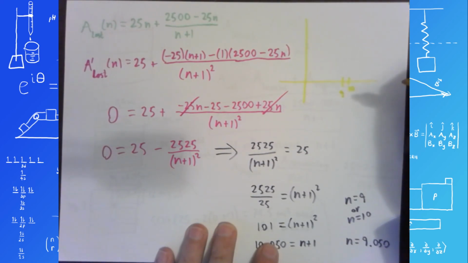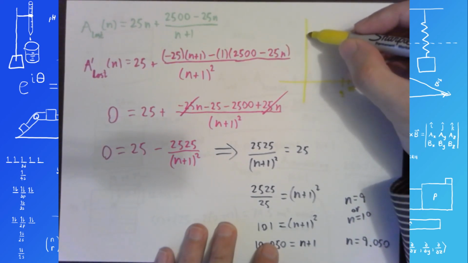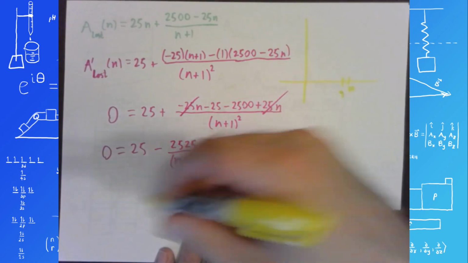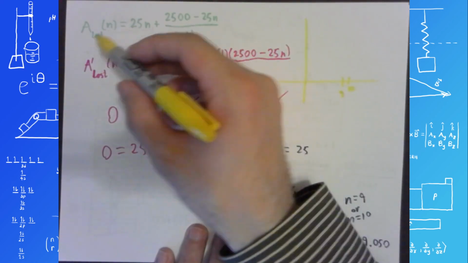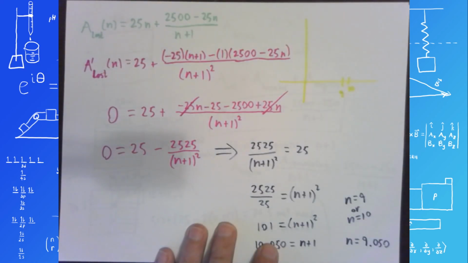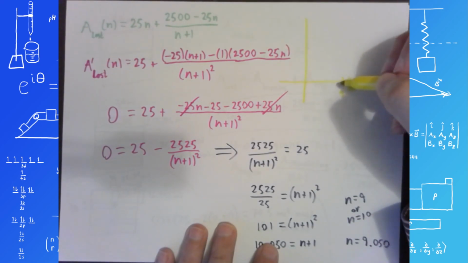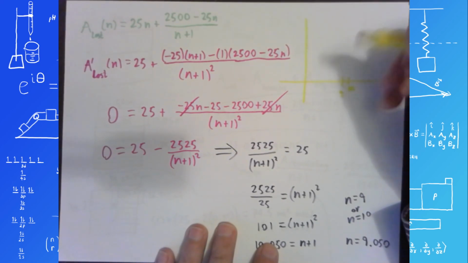And let's say that area lost would start pretty high at the beginning. I'm not going to try and actually graph A of n, but I'm going to come up with some graph that starts off pretty high, decreases, and then eventually hits some sort of minimum and then goes up.